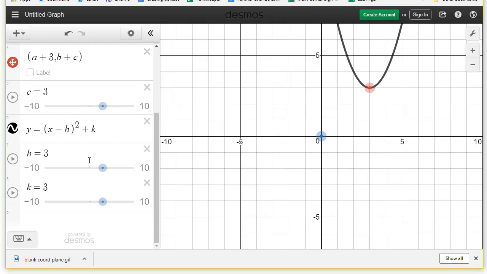Now, why is it that the y value works exactly the way we'd expect it and the x value does not? Well, it's because we are directly adding to the y value. We're saying plus 1, plus 2, plus 3 to this other stuff, and all of that equals y. So whatever we add here is making y bigger.